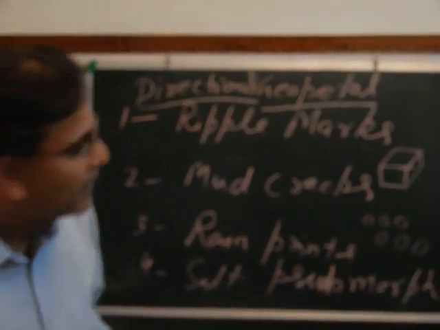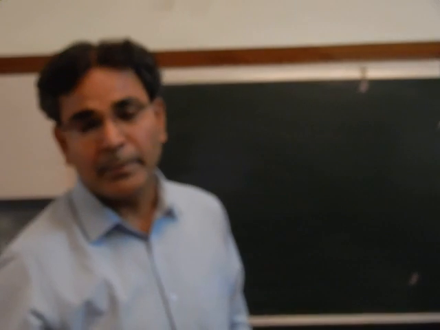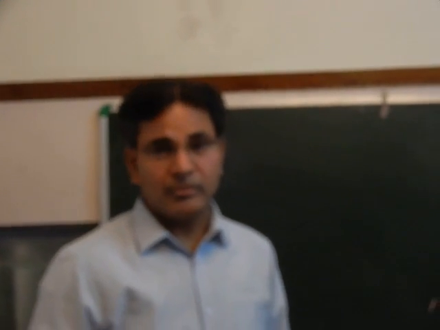In the next lecture, we will discuss the sedimentary structures which are formed within the bed, which are formed at the bottom of the bed, the secondary sedimentary structures and the biogenic sedimentary structures.